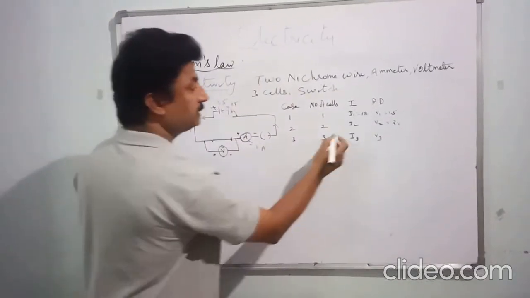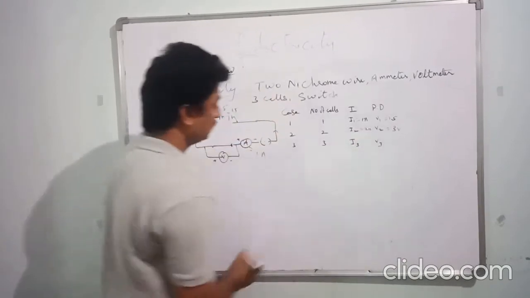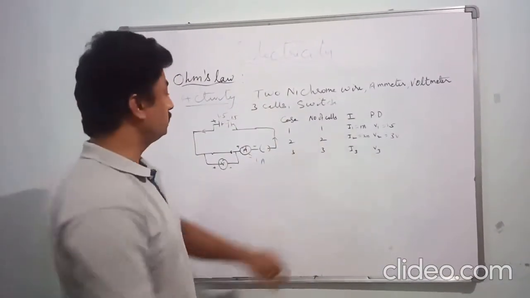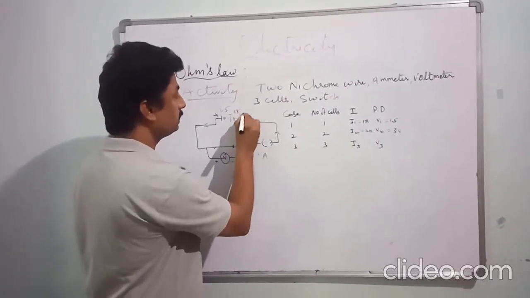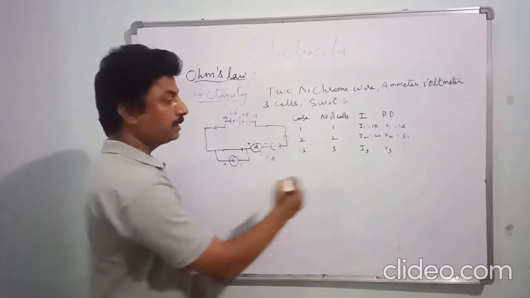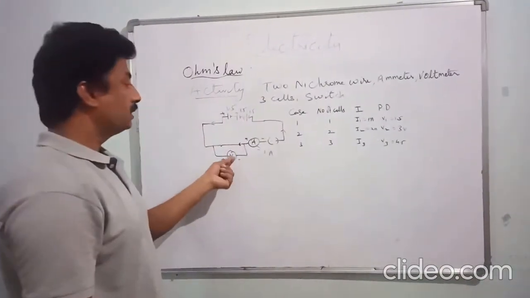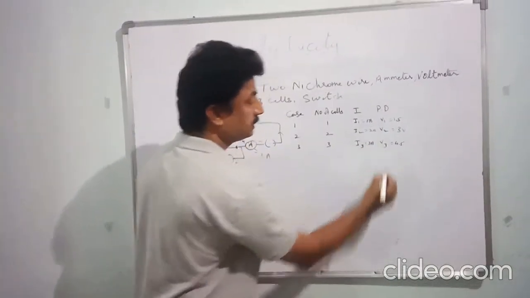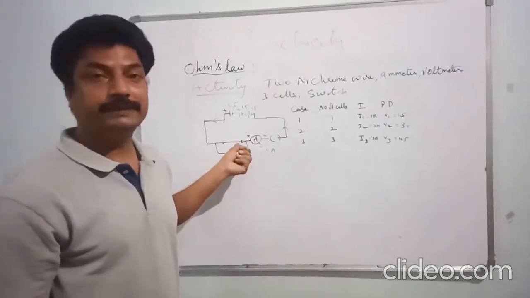So let us assume that the current over here is 2 amperes. Again I am increasing one more battery over here, let us say this is 1.5. Here it is 4.5 volts. Now the current in this case is 3 amperes. This is the reading I got from these activities.